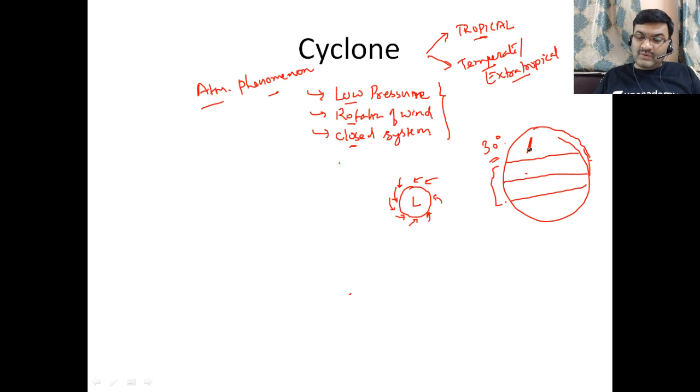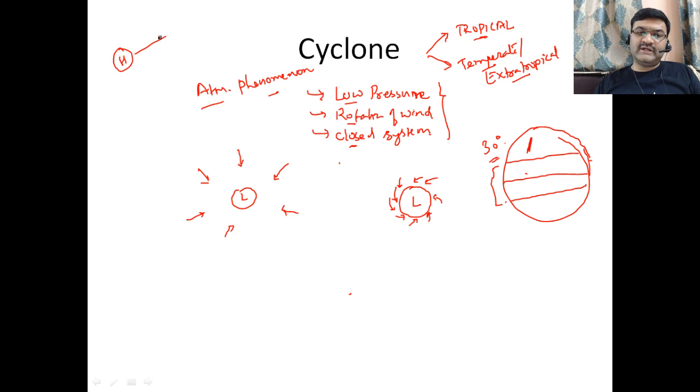Whenever cyclone occurs, there is a low pressure, and whenever there is a low pressure, the winds will always be moving towards it. The wind is generally oriented from high pressure to low pressure. So whenever low pressure is there, the wind will converge towards this low pressure, but because of the Coriolis force it will get rotated around this low pressure.